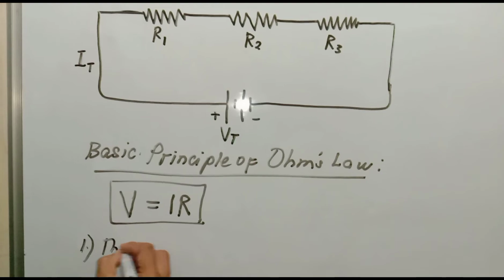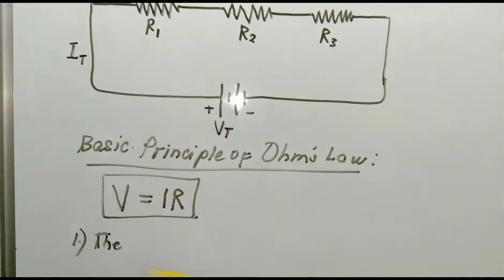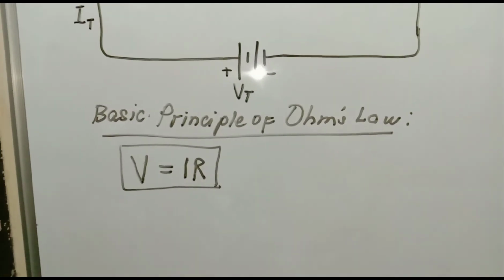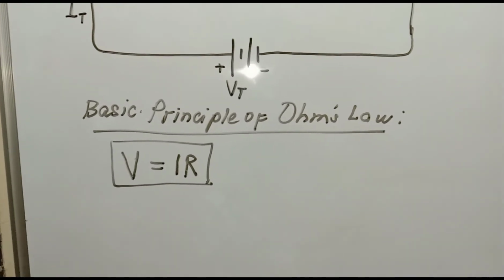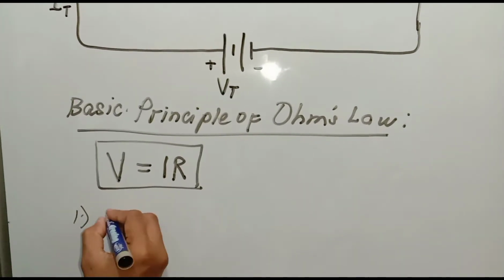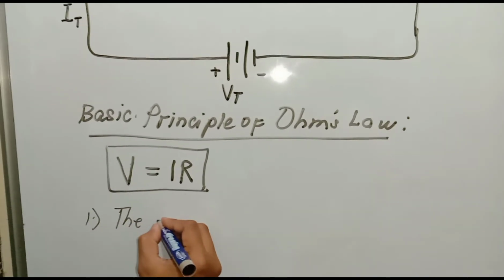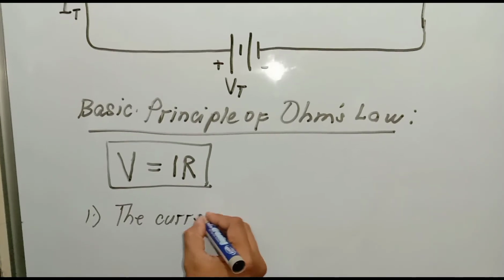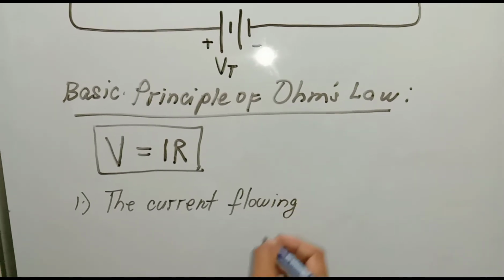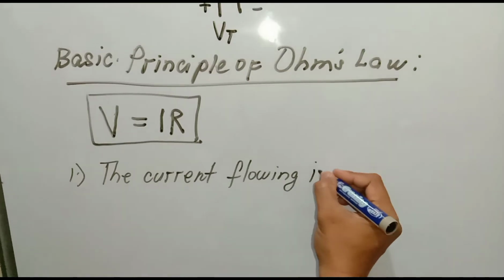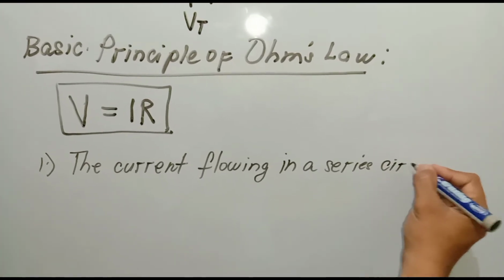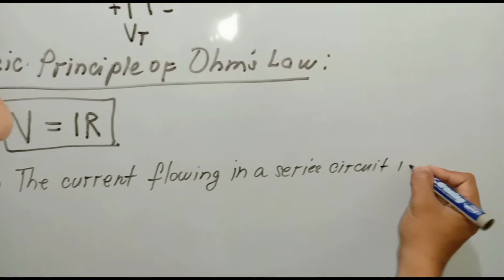The current flowing in a series circuit is constant.